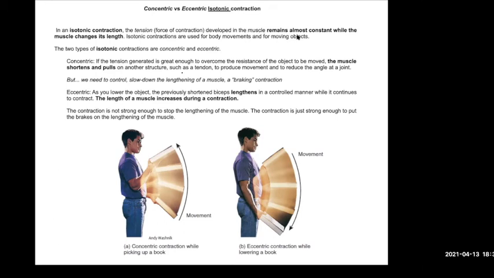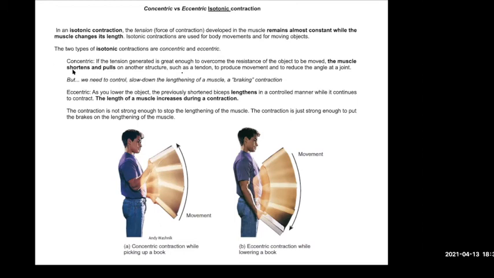In isotonic contraction, the force developed remains constant while the muscle changes in length. I mentioned it changes in length, and the examples I was showing were that the muscle was shortening and pulling on the structure. That type of isotonic contraction is called concentric.